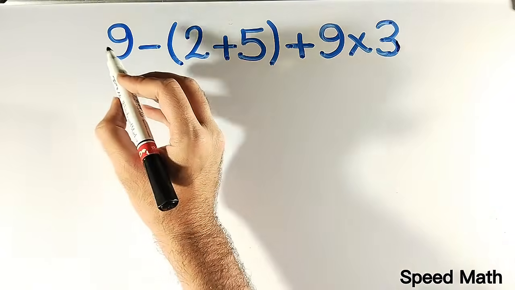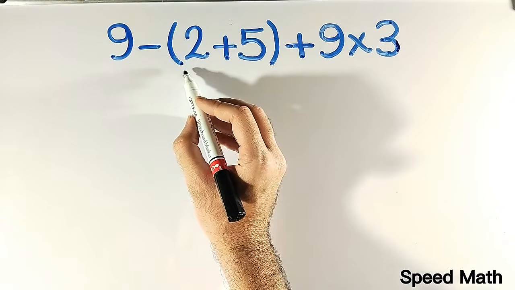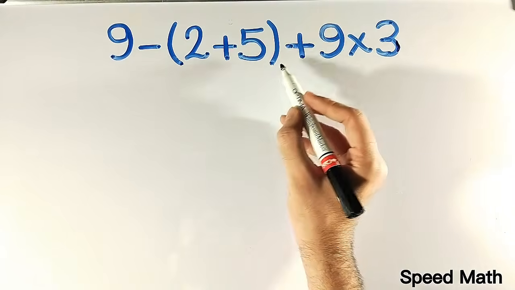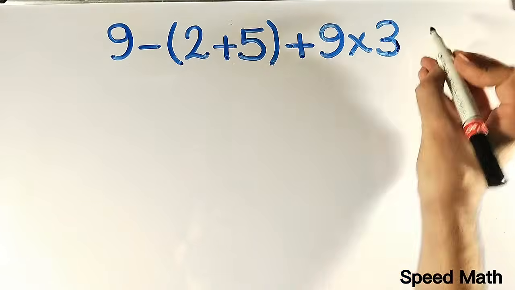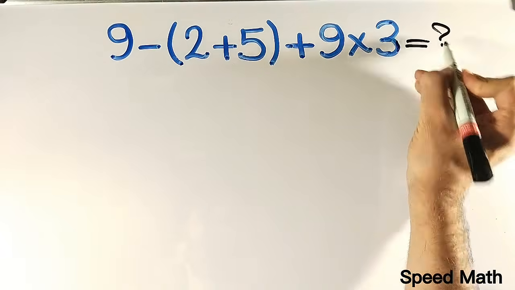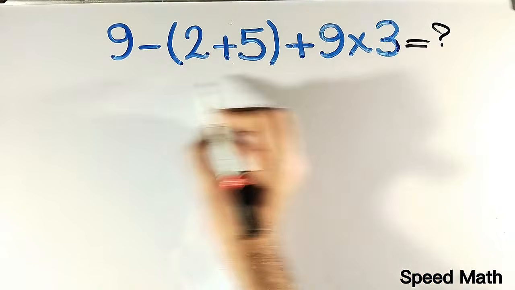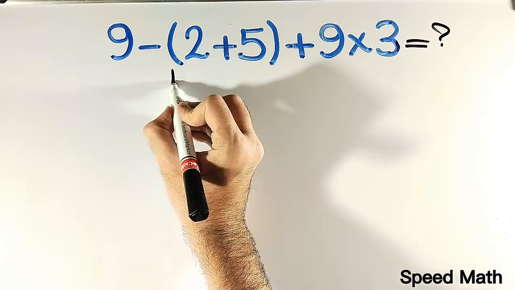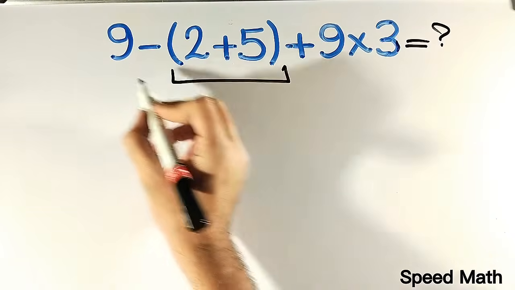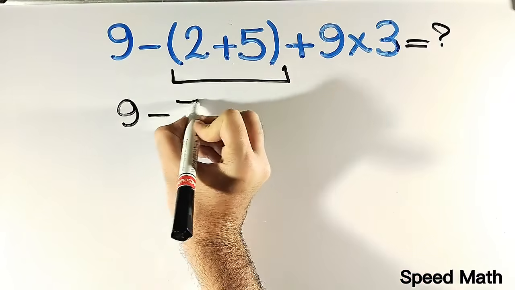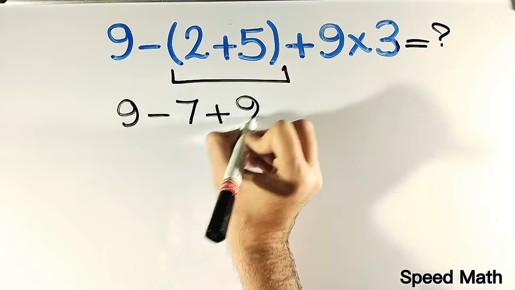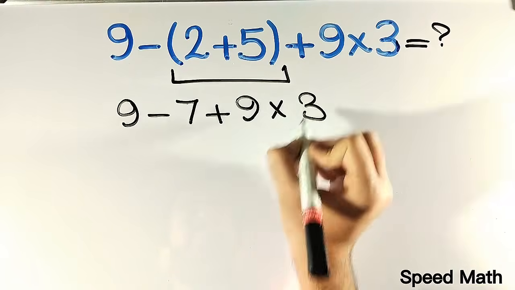If we have the expression 9 minus open parenthesis 2 plus 5 close parenthesis plus 9 multiplied by 3, then what is the correct answer of this question? Many people when solving this question go straight to the expression inside the parenthesis, and instead of this expression they write 9 minus 7 plus 9 multiplied by 3.